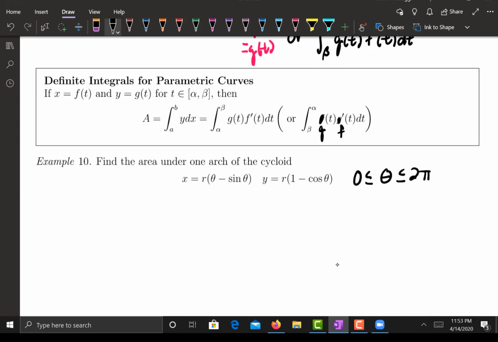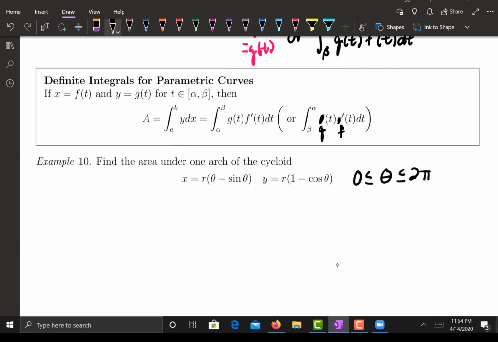And so let's think about how we can do this equation for that, or integrate for this. So if I'm given the parametric equation originally, then what I'm going to do first is figure out what a and b are.